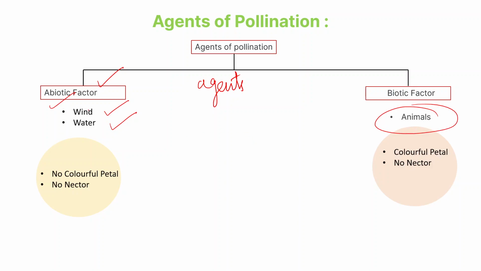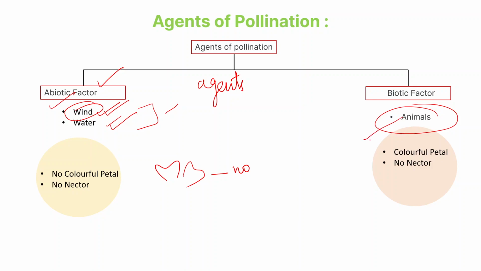Now, during wind or water pollination, the flower will show no colored pattern, right? They do not show any attractive colors or scent, no nectar, because they do not need to attract anything, right? Wind will go on its own, water will go on its own.